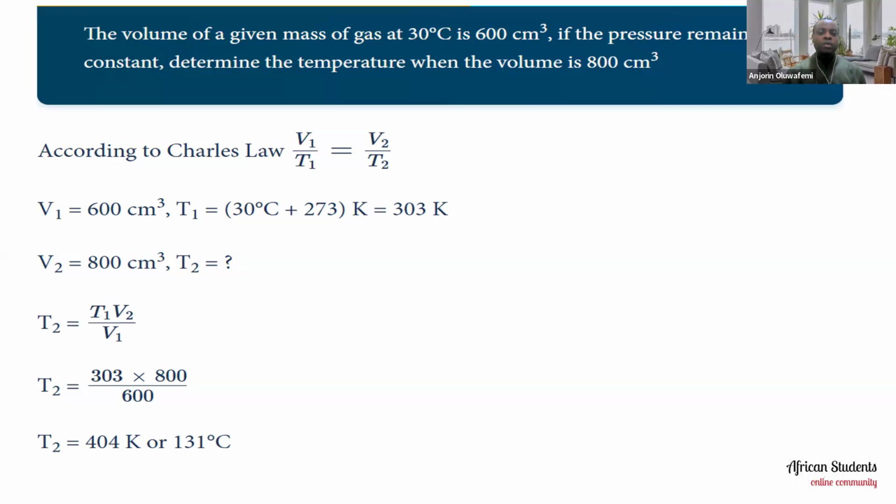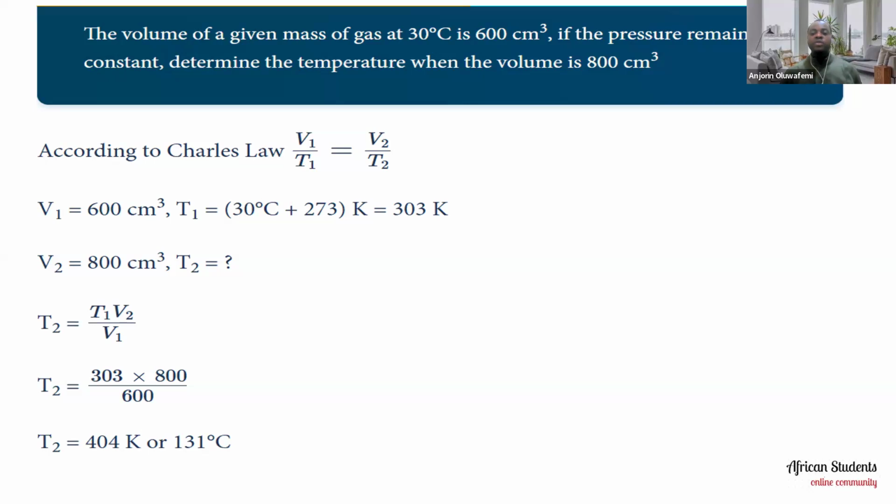If you look at this question closely, there are some parameters that we have been given, and they are known parameters. Take for instance, the initial volume was given to be 600 centimeters cubed. The initial temperature was given to be 30 degrees Celsius. And please don't forget that if it is given in degrees Celsius, you need to convert it to Kelvin. And how do you do that?